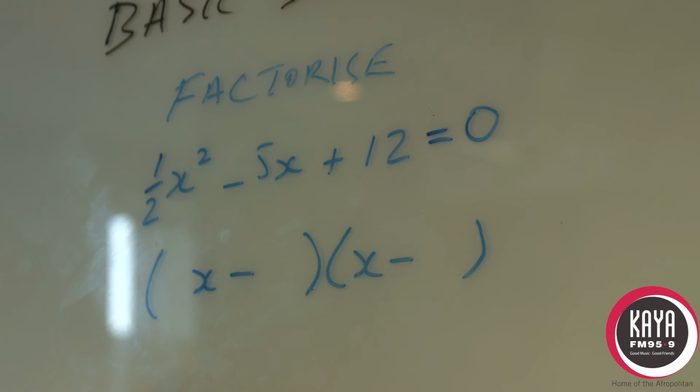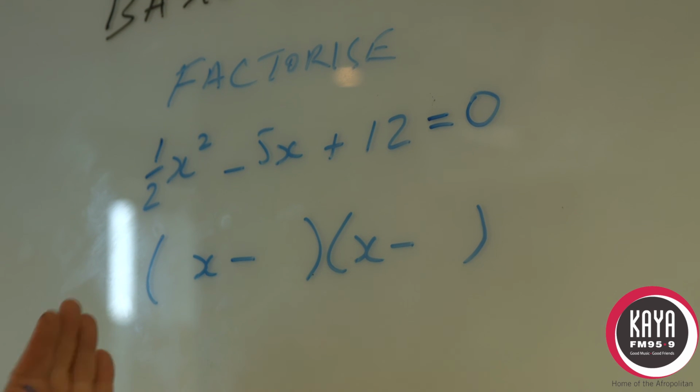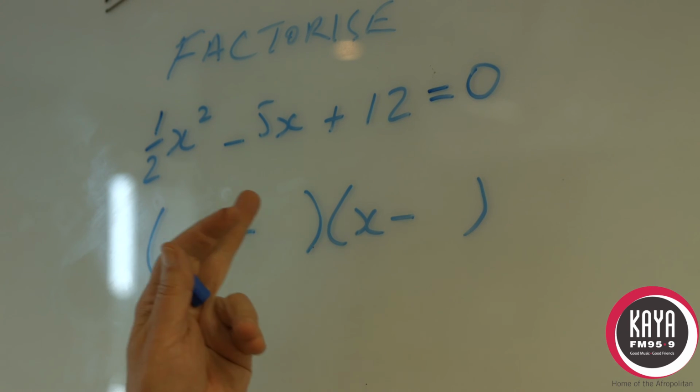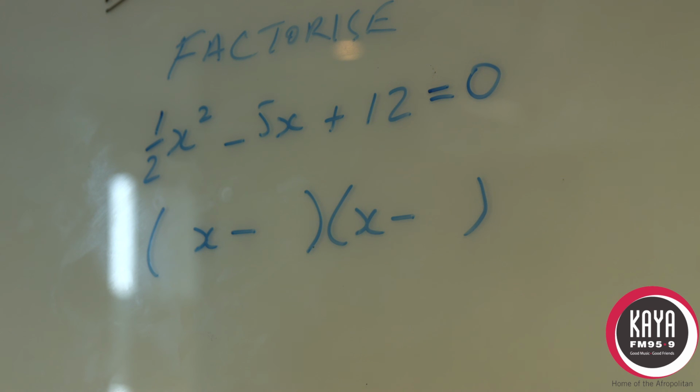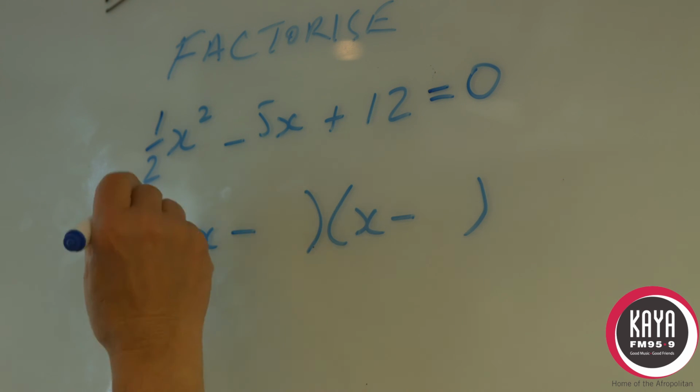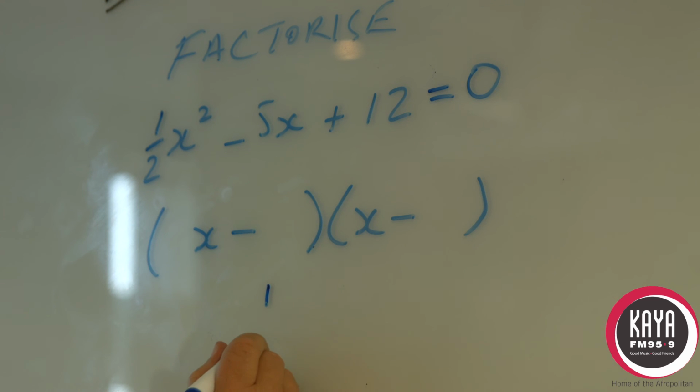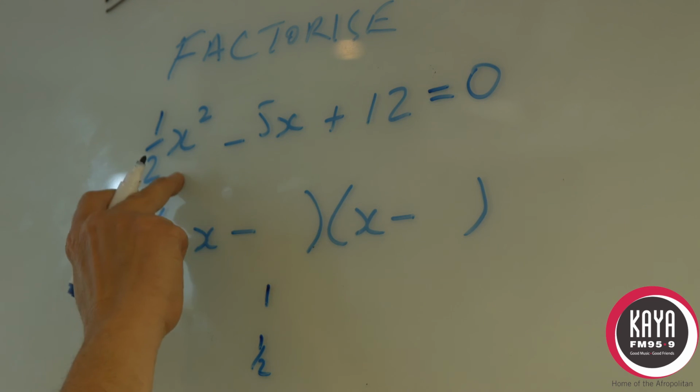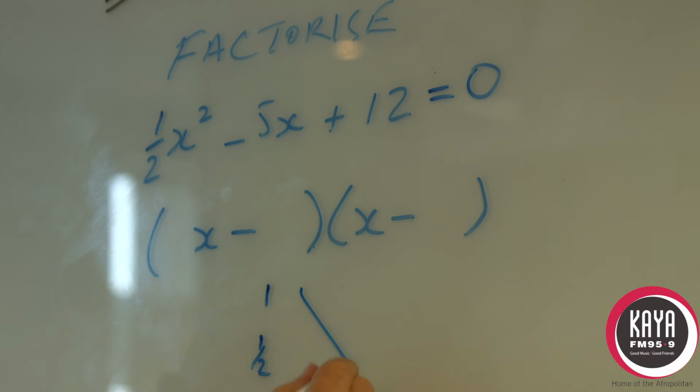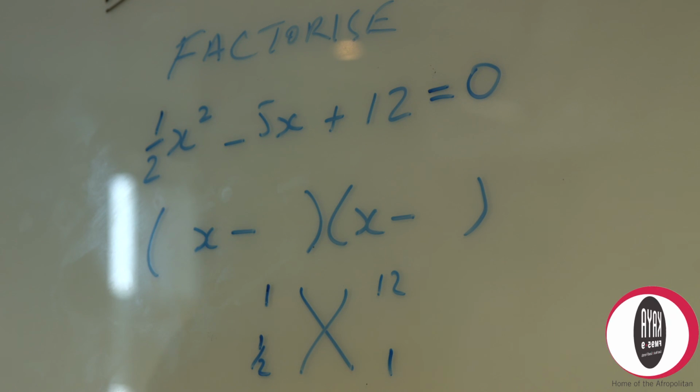Right? So now we need to find the factors of this equation, which we're going to solve. So here again, this time it's going to be 1 times a half for the coefficient of x squared. Then 12 again we saw was 12 and 1.